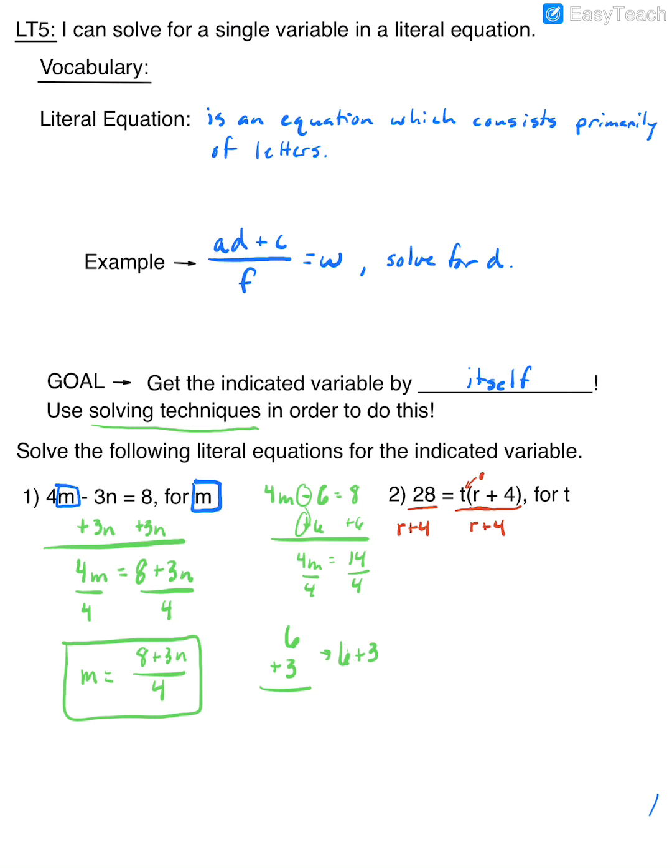So you have 2 terms, r plus 4, and you're dividing it by the same thing. That's just like saying 2 divided by 2. They cancel each other out, which is very nice. So then on the right side, you're left with t. On the left side, I don't know what 28 divided by r plus 4 is, so I would leave it as 28 divided by r plus 4. And that's my answer. I got t by itself, right? Okay.